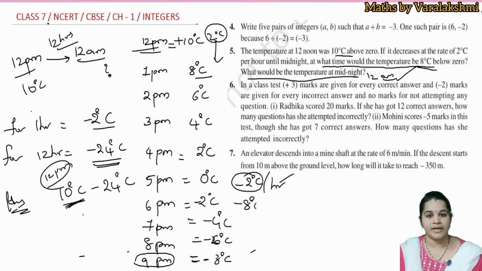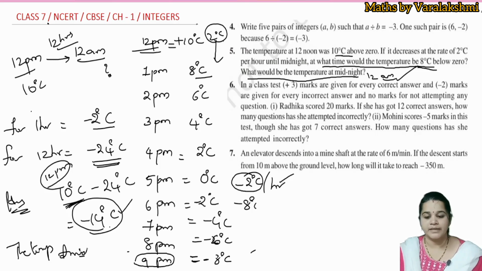So 10 minus 24 is minus 14 degrees centigrade. So this will be the temperature at 12 midnight, that is 12 a.m. So the answer for the second part of the question is, the temperature at midnight is minus 14 degrees centigrade.